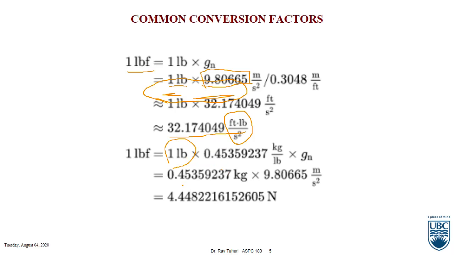All you need to do here is multiply by this value, and the answer would be 4.448. So 1 pound force is 4.448 Newton, and 1 Newton is 1 divided by 4.448. So these are two simple things.